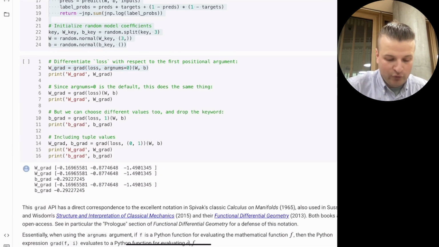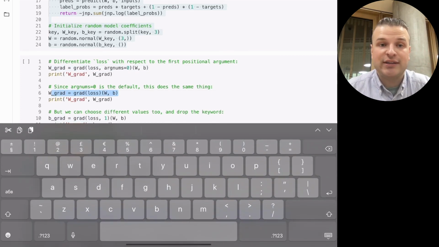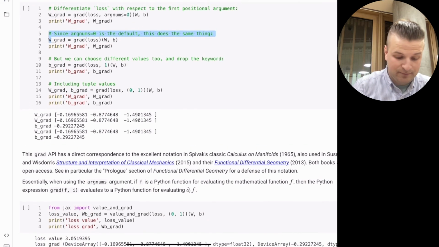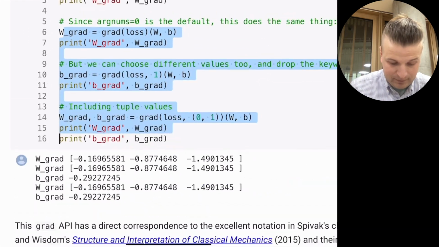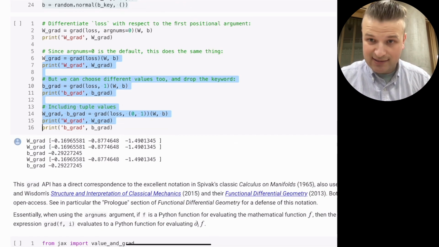So if you do not specify it, just call gradient of loss, you'll receive a gradient with respect to the first variable. So that's, as you can see, the same thing here. But you can also specify a second variable, for example, the biases, etc.